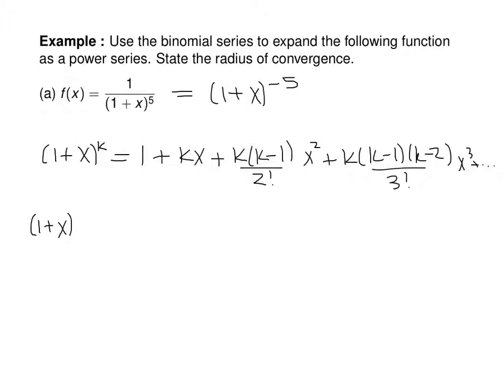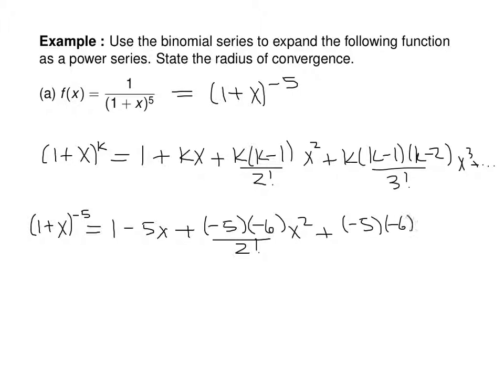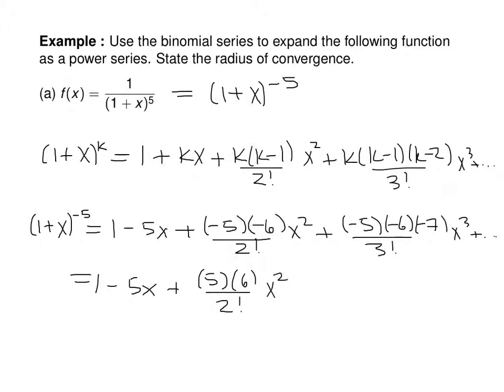So 1 plus x to the negative 5th will be 1 minus 5x plus negative 5 times negative 6 over 2 factorial x squared plus negative 5 times negative 6 times negative 7 over 3 factorial x cubed, etc. So that will be 1 minus 5x plus 5 times 6 over 2 factorial x squared minus 5 times 6 times 7 over 3 factorial x cubed.